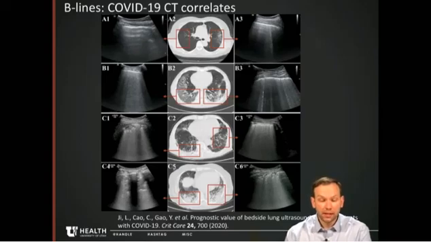Moving down to the C category, you're starting to see some areas on the CT scan, especially on the left side, that are completely white, or just around the edges in that most dependent area, and that's showing that subpleural consolidation as seen in image C1. And then on the right side, you're seeing less distinct complete collapse and more diffuse disease, and again, you're seeing those coalescing B lines, almost a C line.